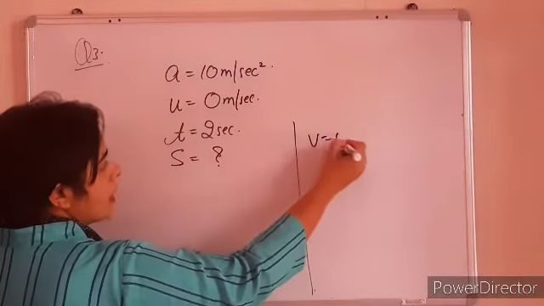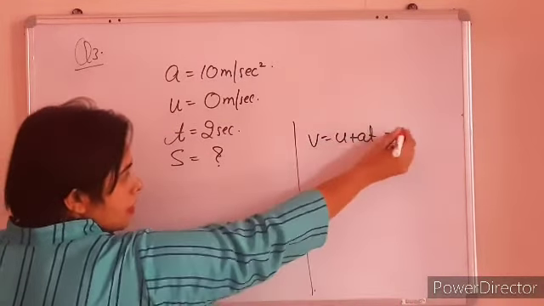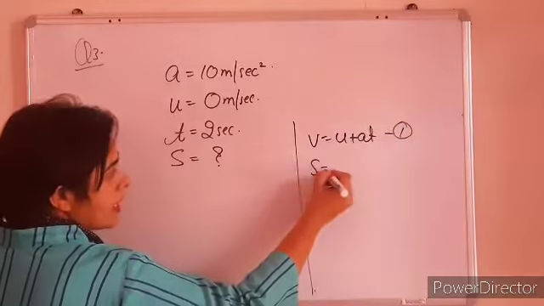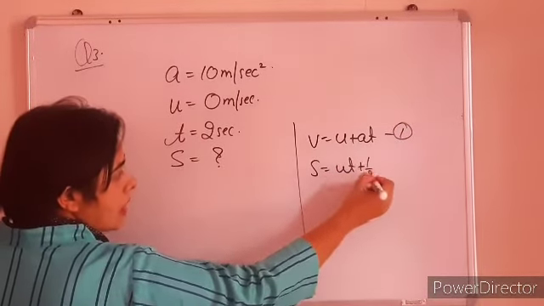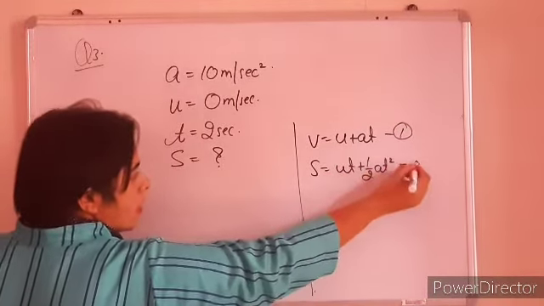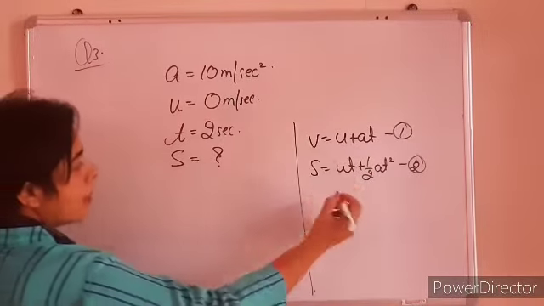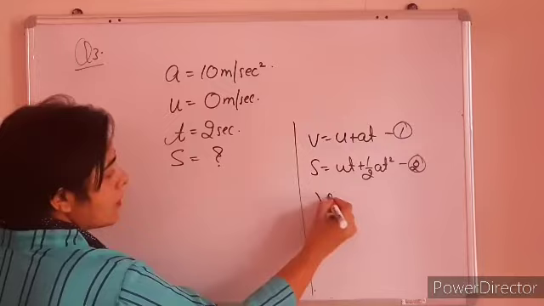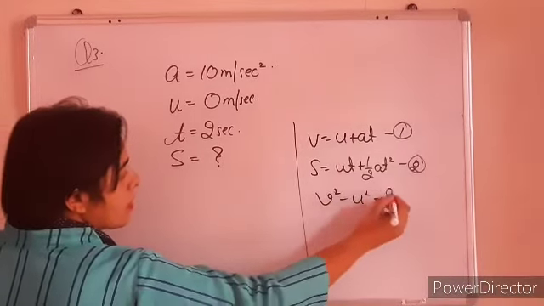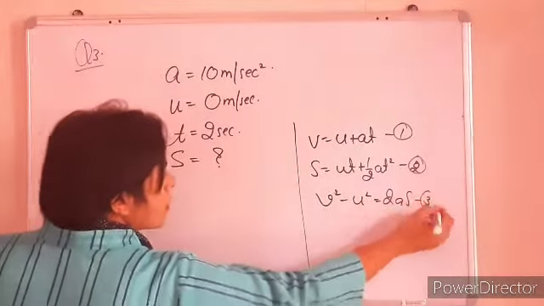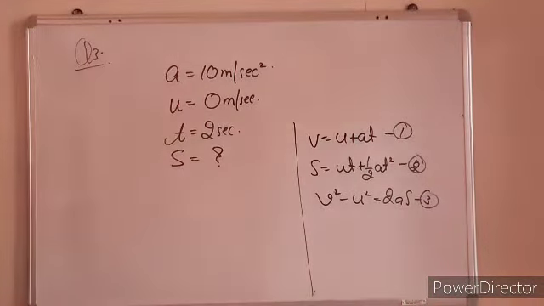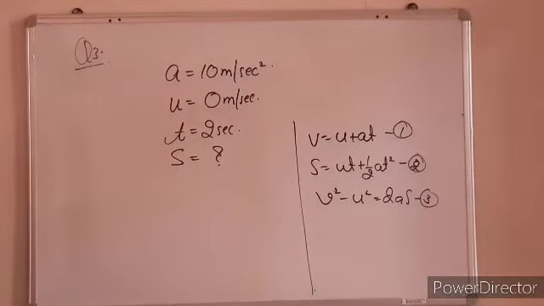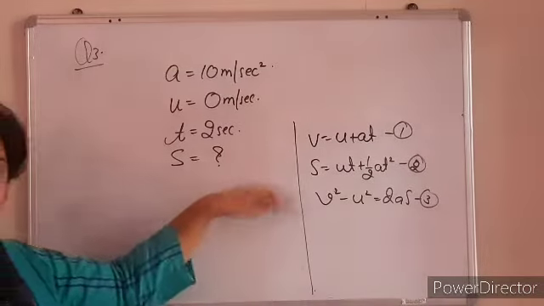V is equal to U plus AT is your first equation. S is equal to UT plus half AT square is your second equation. And V square minus U square is equal to 2AS is your third equation. These are the 3 equations which we have done. If you remember, we have done the derivations of these 3 equations.